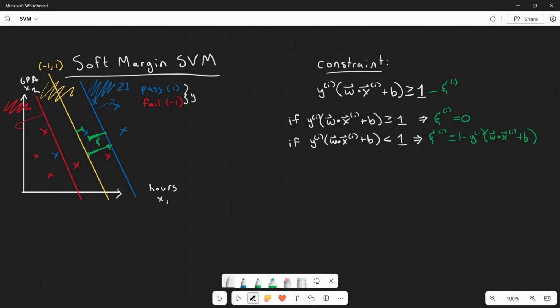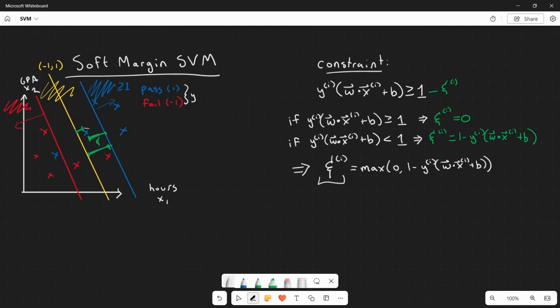All right, and if we are looking at the ith training example and we wanted to figure out what that slack variable is, either 0 or 1 minus that distance, then we can use this new equation. All right, so what this equation is saying is the slack variable at any given training example.